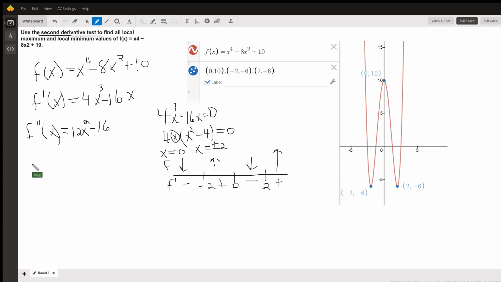If I find f double prime of -2, that means put -2 into the f double prime function. I'll get 12 times 4 is 48, minus 16 is 32. I don't really care what the value is. I just care that it's positive.